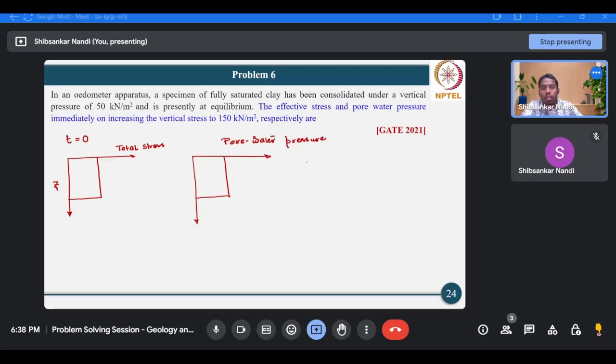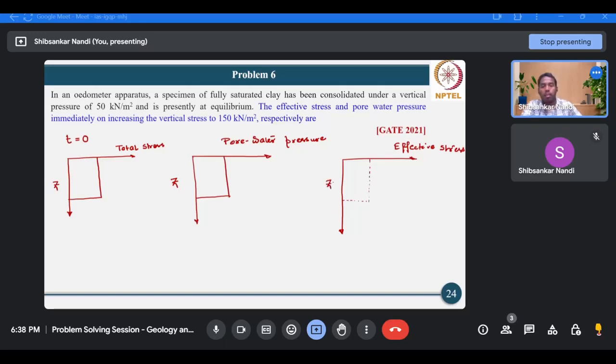Okay, so this is your z and this is your pore water pressure. So obviously your effective stress will be simply 0. This is the effective stress, so this will be simply 0. Okay, no value.